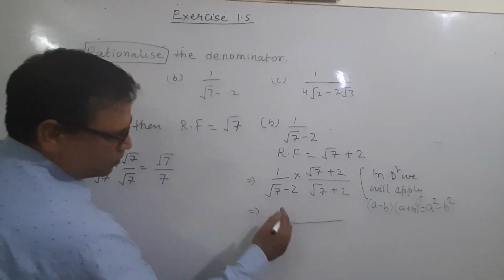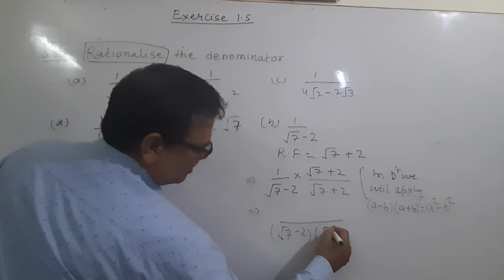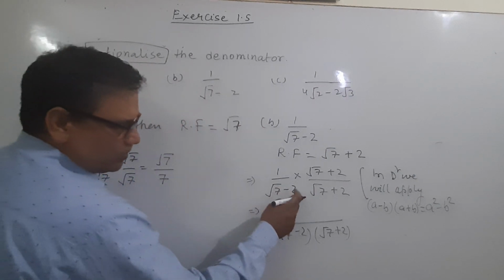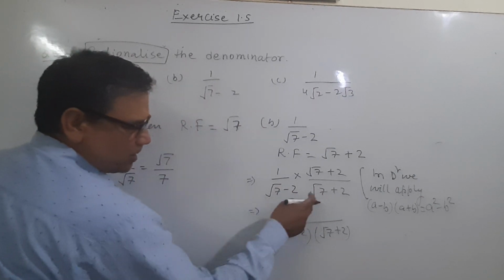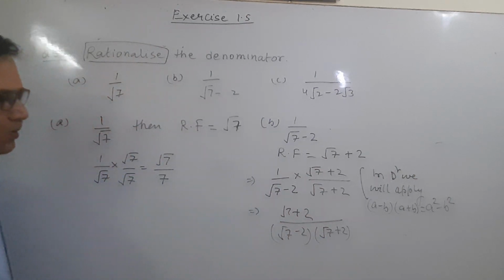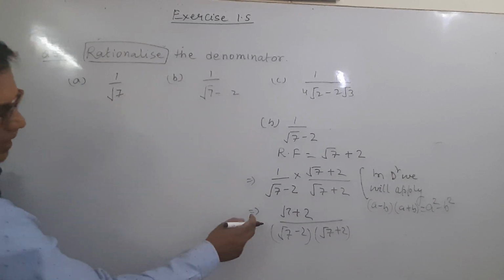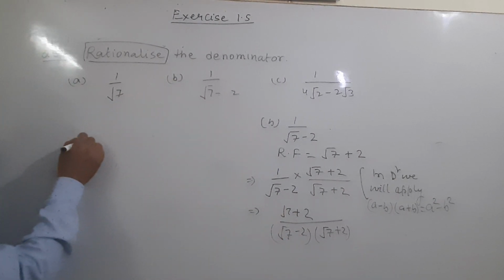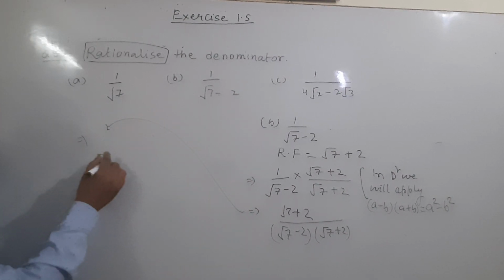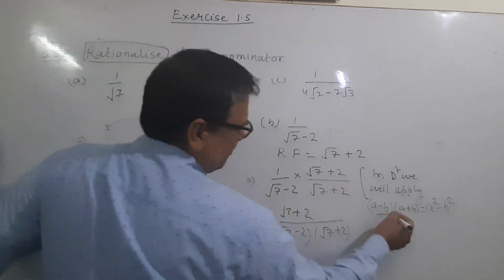Here is root 7 minus 2, root 7 plus 2. The numerator will be the same, 1 into root 7 plus 2. And then after this, what should I do now? Root 7 plus 2 upon a minus b, a plus b, we have to apply this identity.